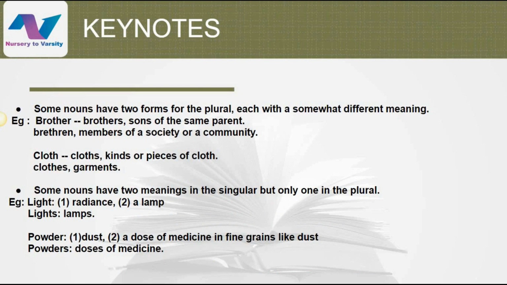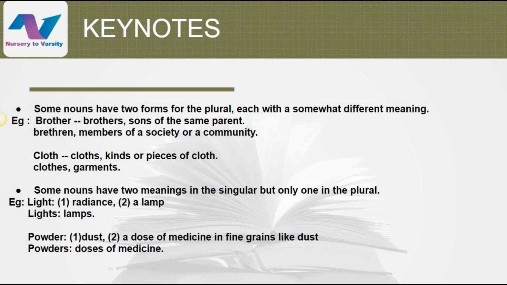Moving on to the keynote: some nouns have two forms for the plural, each with a somewhat different meaning. For example, the word brother. Brothers will be a plural form, meaning sons of the same parent. Whereas the second plural form, brethren, means members of a society or a community.